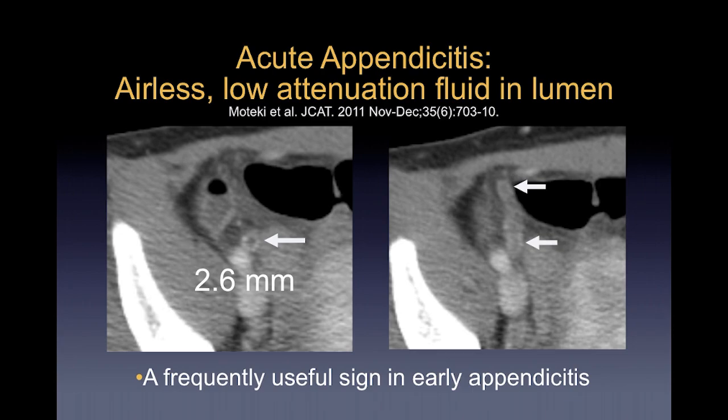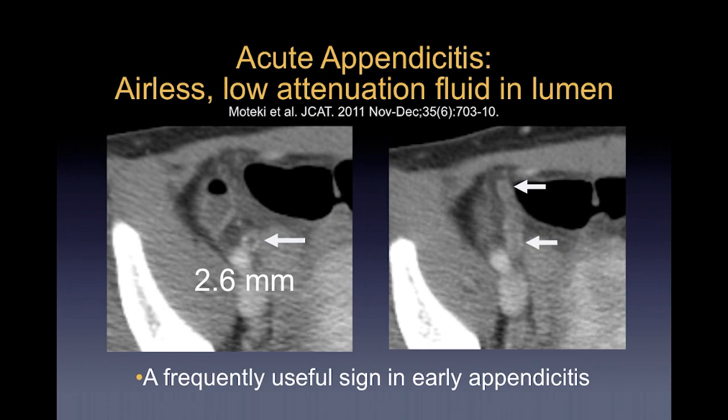Now, the number itself I find sort of ridiculously specific. I mean, it's pretty hard to measure something to the 0.1 millimeter with much accuracy, but the general principle is important: it's not just looking for airless fluid in the lumen of the appendix, but the more fluid there is, the more distended that appendix is with fluid, the more likely that patient has acute appendicitis.